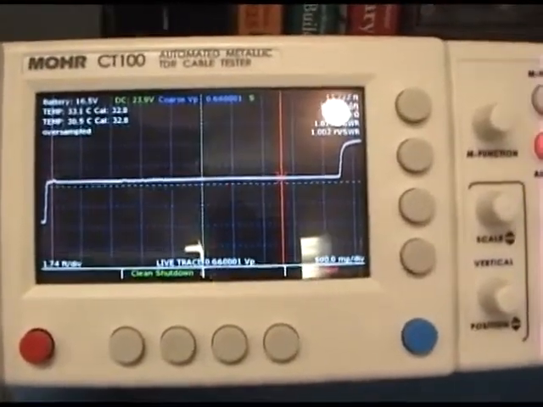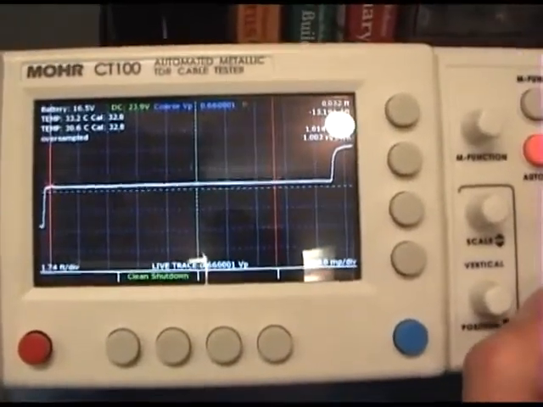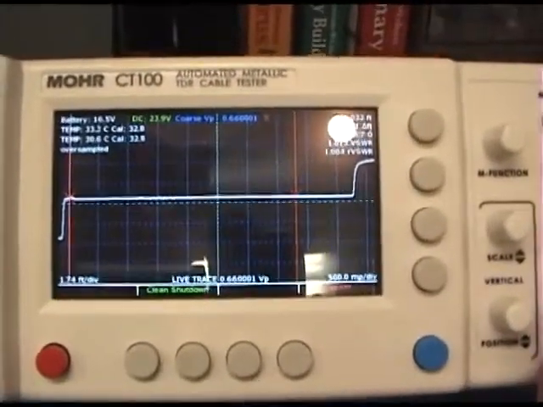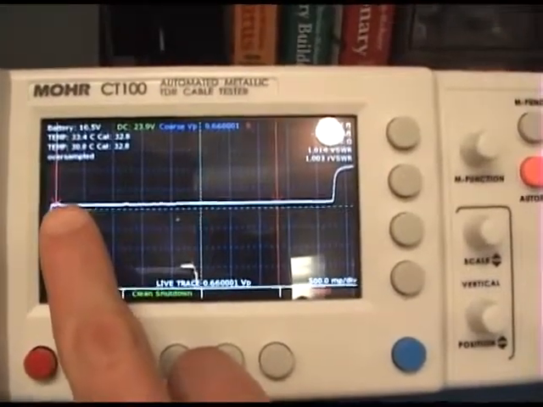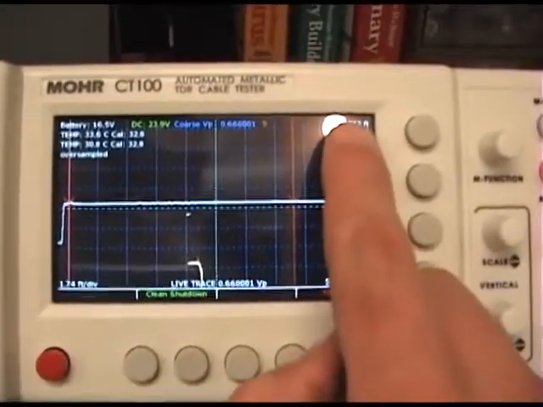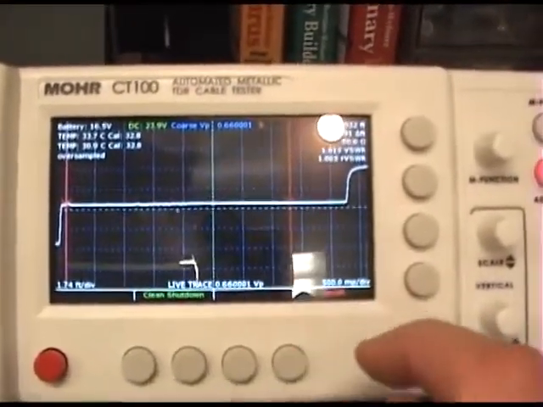So I got a TDR here, and I can set up my cursors. My first cursor is at the 0 point, because I'm seeing almost 0 there.